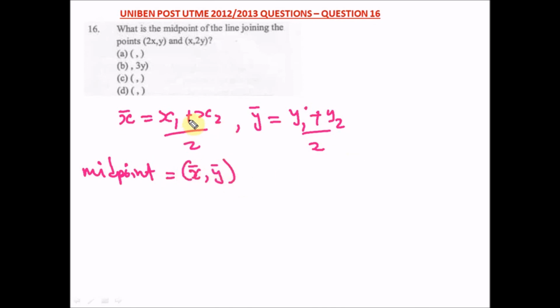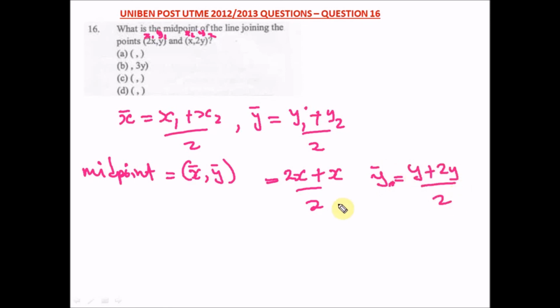Okay, so all we need to do is just put in the values. This is X1 and this is Y1 and this is X2 and this is Y2. Okay, so what do we have here? Let's put in the value. So for X1 we have 2x plus X2 we have x, divided by 2. Okay, and for Y, we have Y1 is y plus 2y divided by 2.